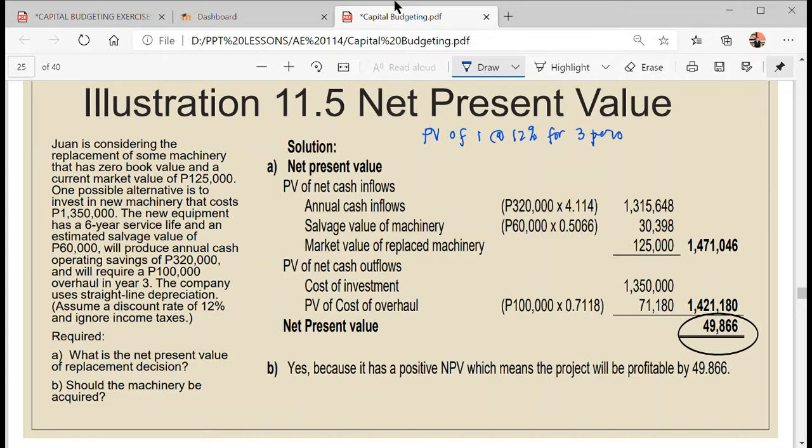Okay? So, present value of 1 at 12% for 3 periods. Naa man po'y given nga present value of ordinary annuity of 1 at 12% for 3 periods. Naa pay problem nga mohatag pod og present value of annuity due of 1 at 12% for 3 periods.